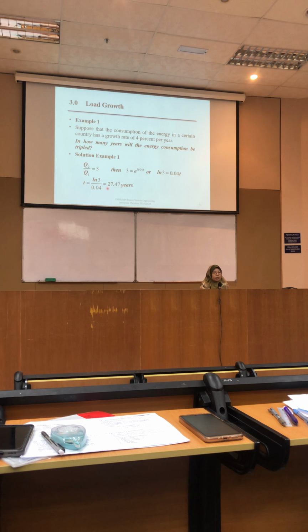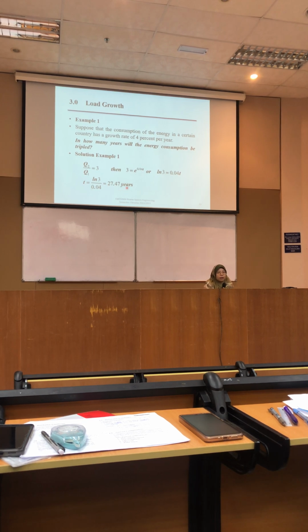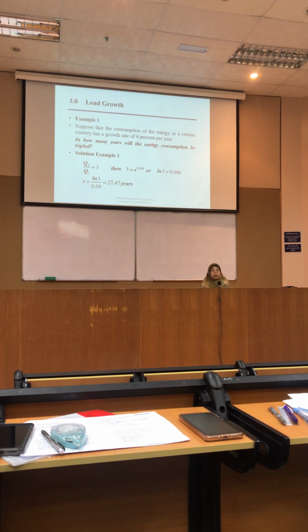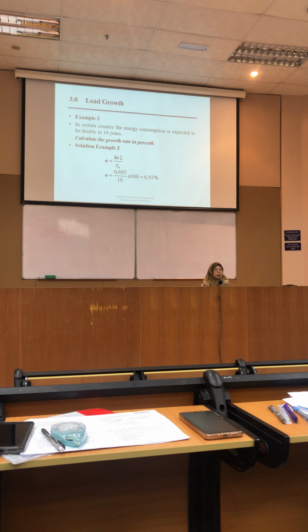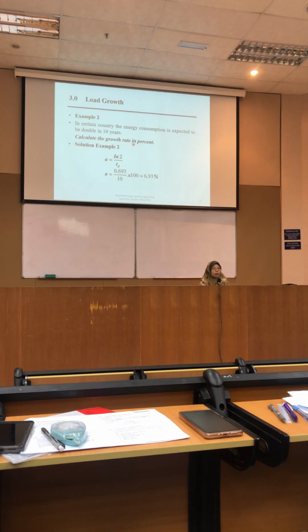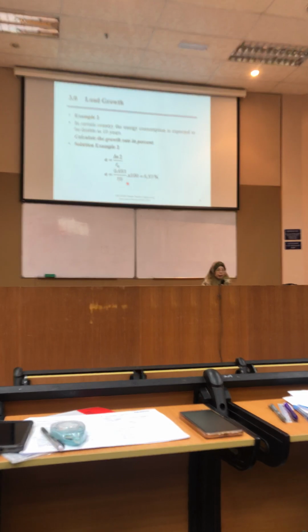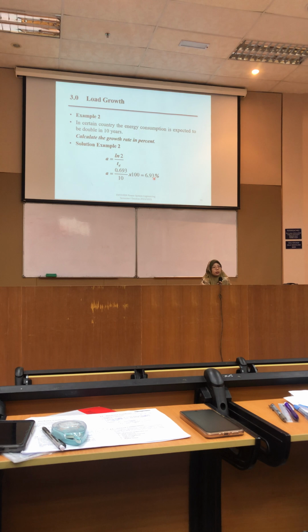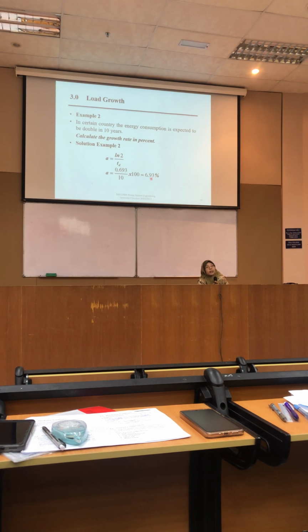Using the formula, we get 27.47 years, about 30 years. And when the energy consumption is expected to double in 10 years, using the formula we get a growth rate of 6.93%.